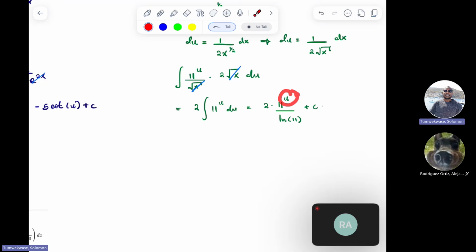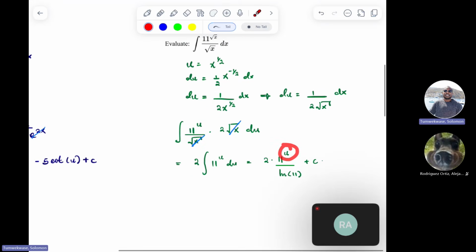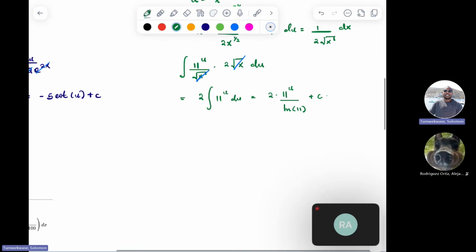But my final answer can't be in variable u. I have to change back to variable x. So therefore, my final answer is 2 times 11 to the power square root of x, over natural log of 11, plus c.